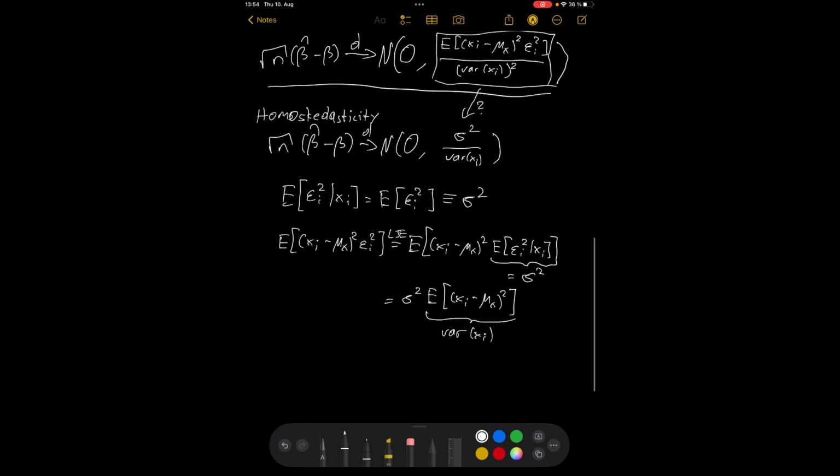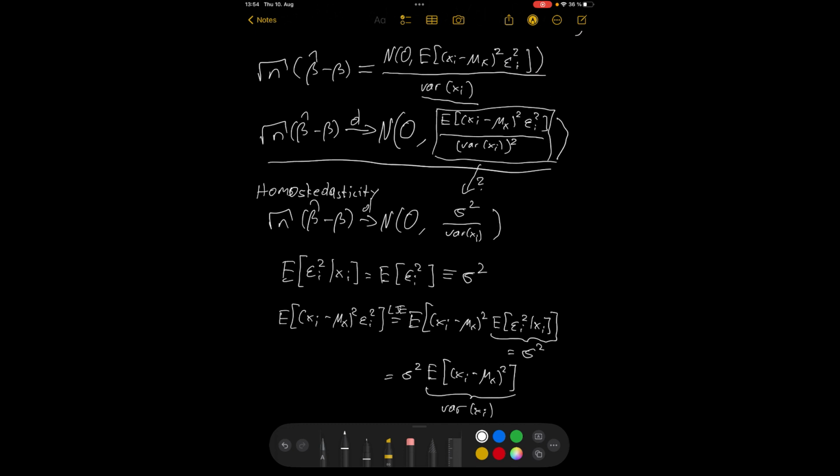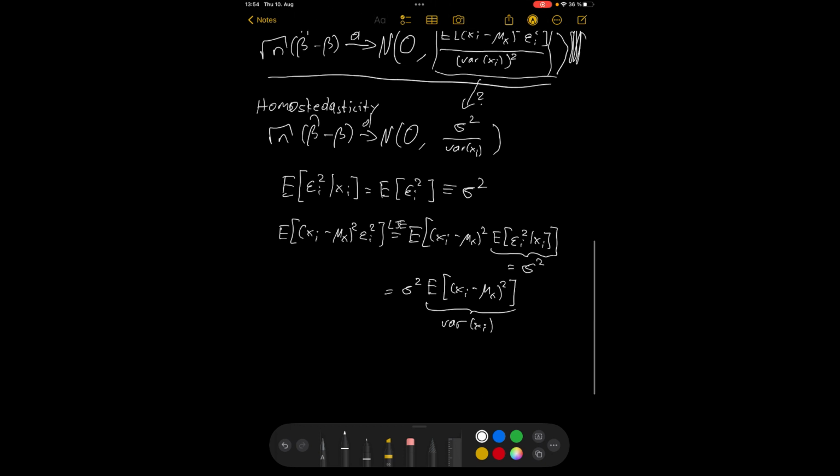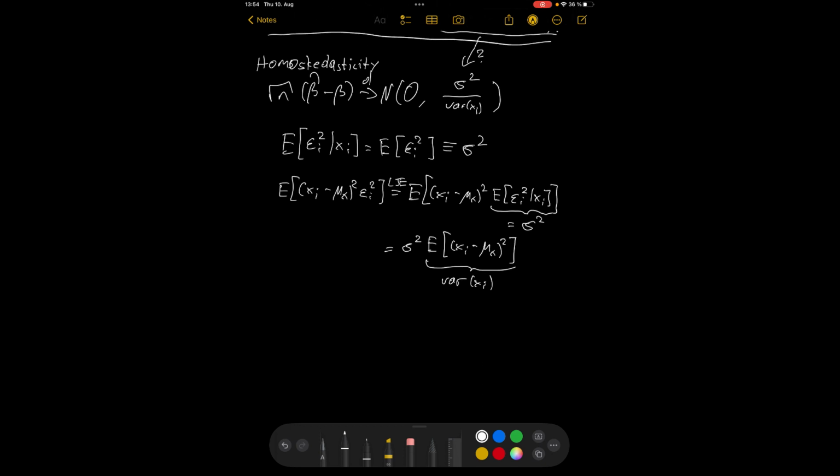And then when you look at the expression here, you can see that the numerator and the denominator cancel one of the variance of xi. So now we've got that the expected value of (xi minus mu x) squared epsilon i squared divided by the variance of xi squared is equal to sigma squared variance of xi divided by variance of xi squared.